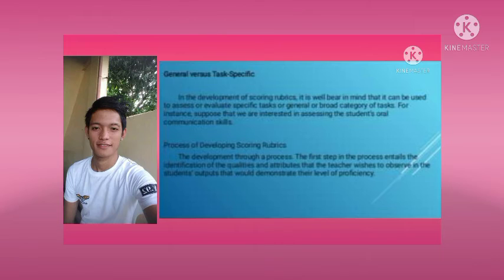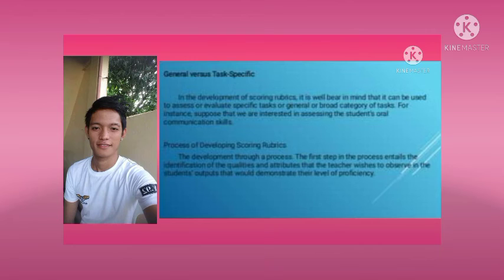For instance, suppose that we are interested in assessing the students' oral communication skills. An example of general scoring rubrics is judging the overall output of the student, while task specific is when the teacher assesses the student in their task by giving specific rubrics for each criterion. For example, tone of voice 10%, delivery 10%, mastery 20%, total of 40%.